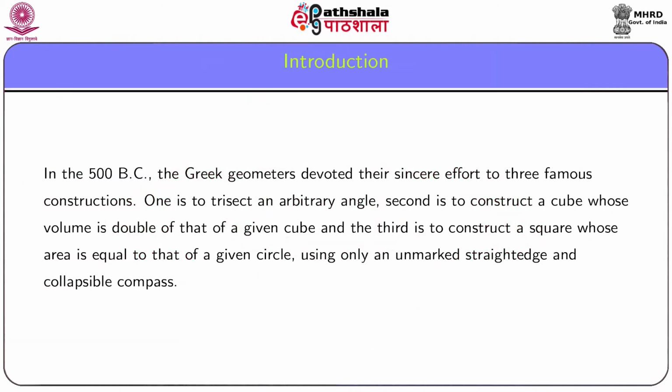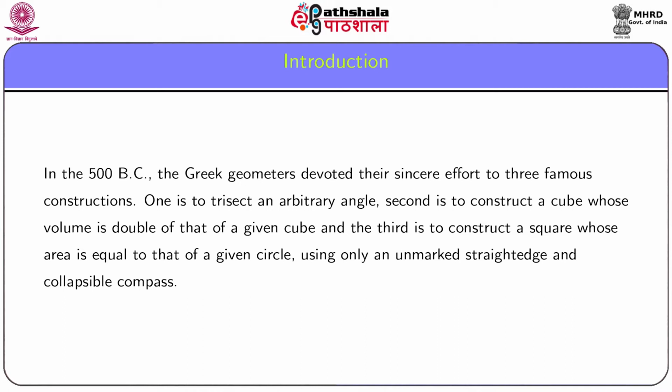That is, we can set an arbitrary radius using this compass. But at that period, the Greek geometers could not. They were rigid compasses, which we refer to as collapsible compasses.